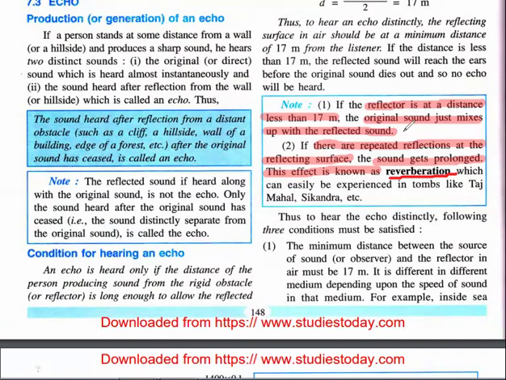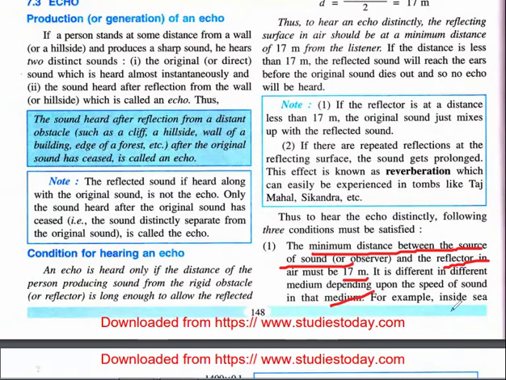This effect is known as reverberation, which can easily be experienced in tombs like Taj Mahal, Sikandra, etc. Then we'll go down. It's written over here, the minimum distance between the source of sound and the reflector in the air must be 17 meters, as I told you. It is different in different media depending on the speed of sound in that medium, and there's an example given that you have to read.